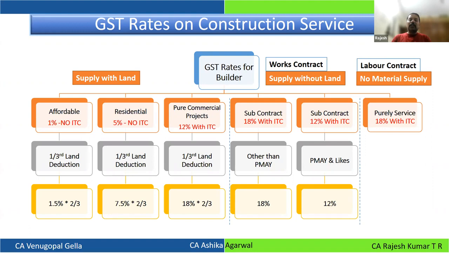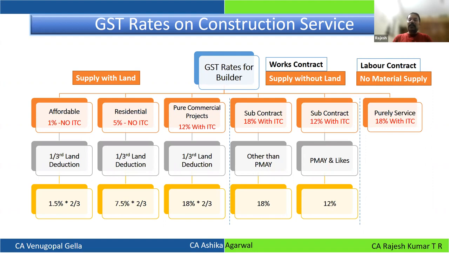So this is a deeming fiction. Since there's a deeming fiction, this works contract concept being explained here is not applicable for a transaction between the developer and the landowner. Similarly, even on the rate of tax, they can go for 7.5% or 1.5%, as the case may be, in case of a developer providing services to the landowner.